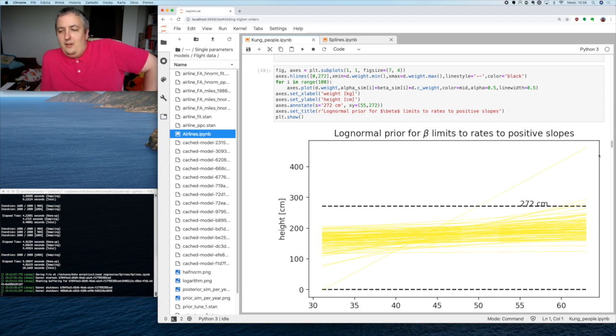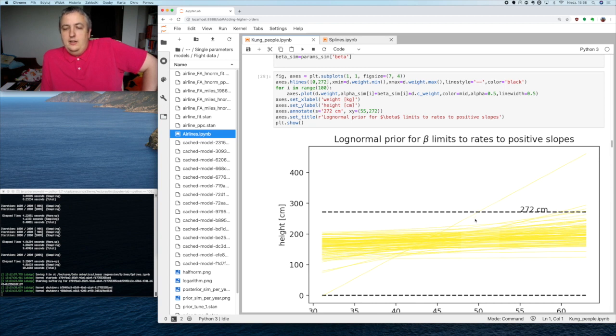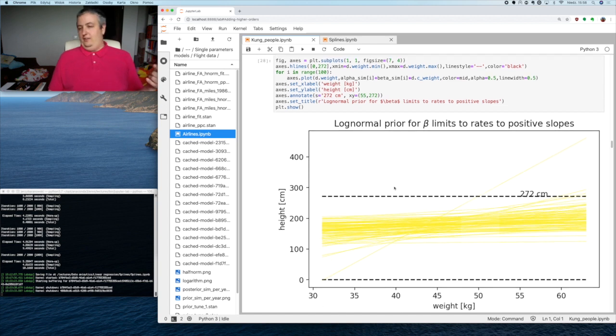Of course, there are singular lines that have too large slopes, but most of them are still well fit in our pipe between zero height and world record height in the weights of interest. Of course, we do not expect to get so tall a person in our model, but at least those results are kind of sensible. Our model won't be predicting absurd values of giants or negative heights.